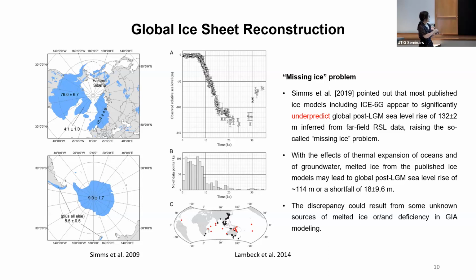This means if we sum up all of those ice volumes in the northern hemisphere and southern hemisphere, the melted ice relative to present day, if that melted water goes into the ocean, this sea level equivalent ice volume should agree with the far-field relative sea level data signal.